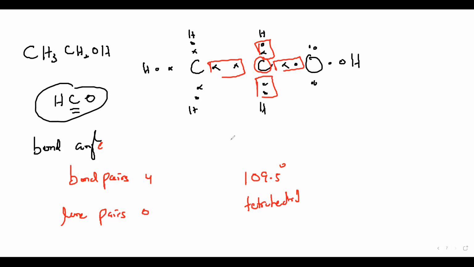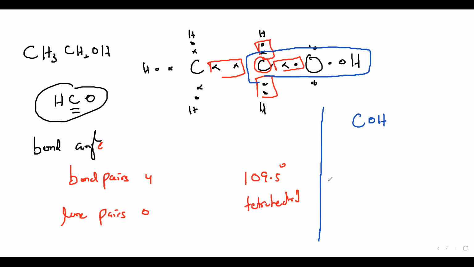But the same question was there, and they asked to predict the bond angle for COH. So COH is this part. Now the central atom is oxygen. So check oxygen. When you check oxygen, the number of bond pairs is 2 and the number of lone pairs is 2 as well.